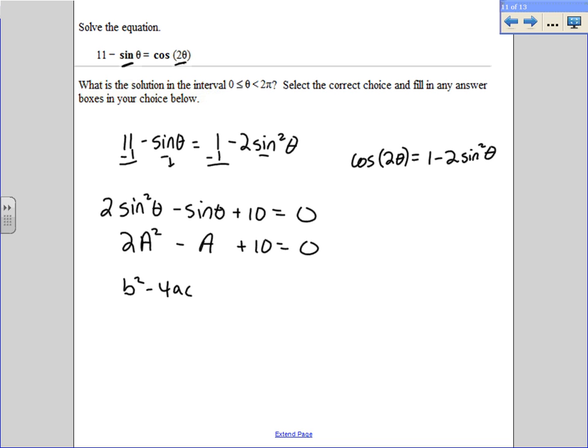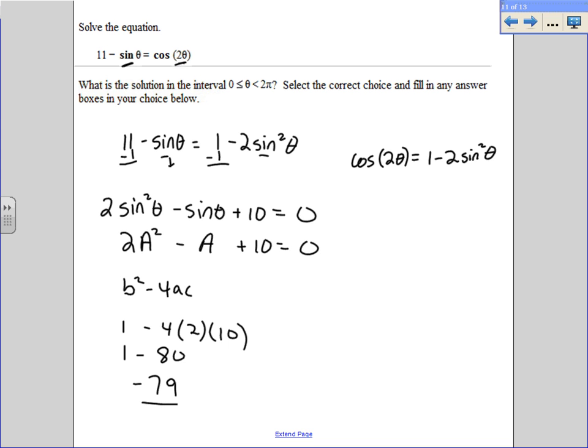That would be negative 1 squared, so 1, minus 4 times 2 times 10. This would give me 1 minus 80, which is negative 79.